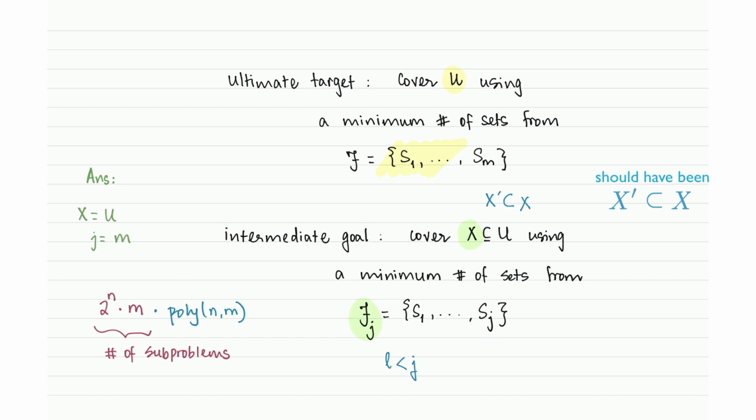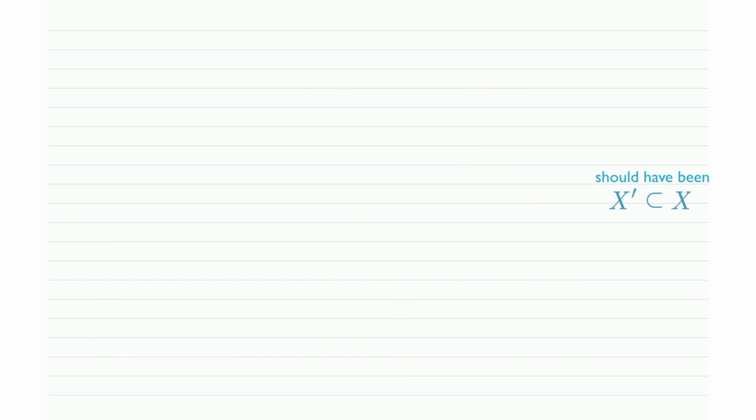So hopefully this overall outline makes sense, and if it does, I would encourage you to really take a pause here and try to figure out what the recurrence should be, and then we can exchange notes when you're ready to come back. All right, hopefully you've had a chance to think through the DP recurrence a little bit.